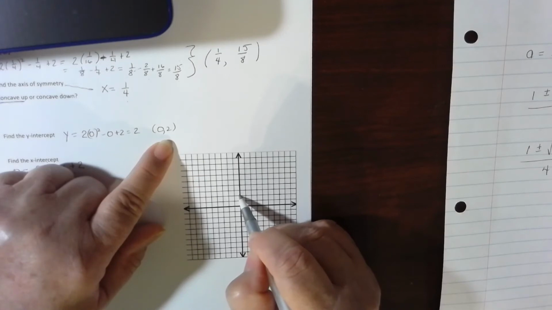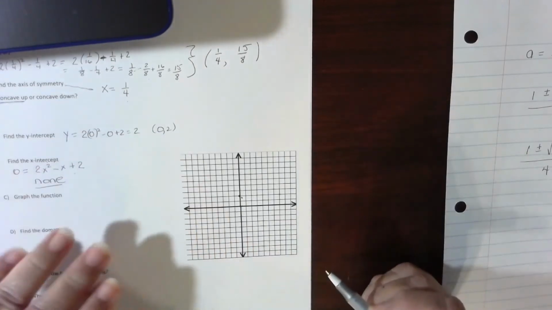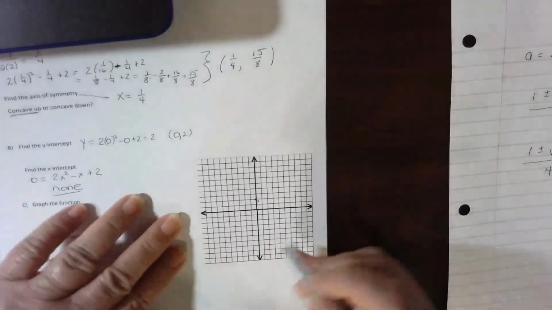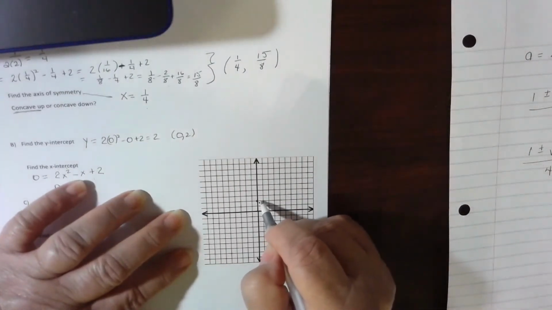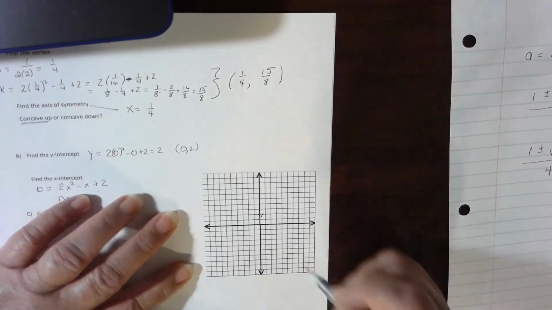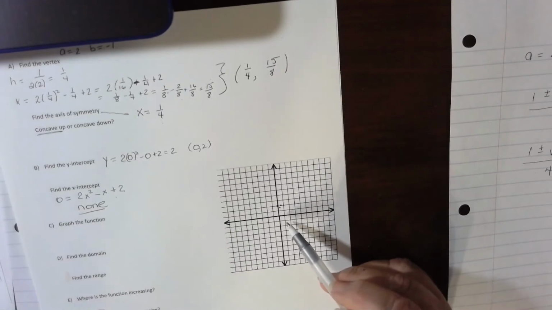That's my y-intercept. And this one opens up. Remember we said that. So if I match that point right there, see how I'm matching that distance? That's 3 little points.